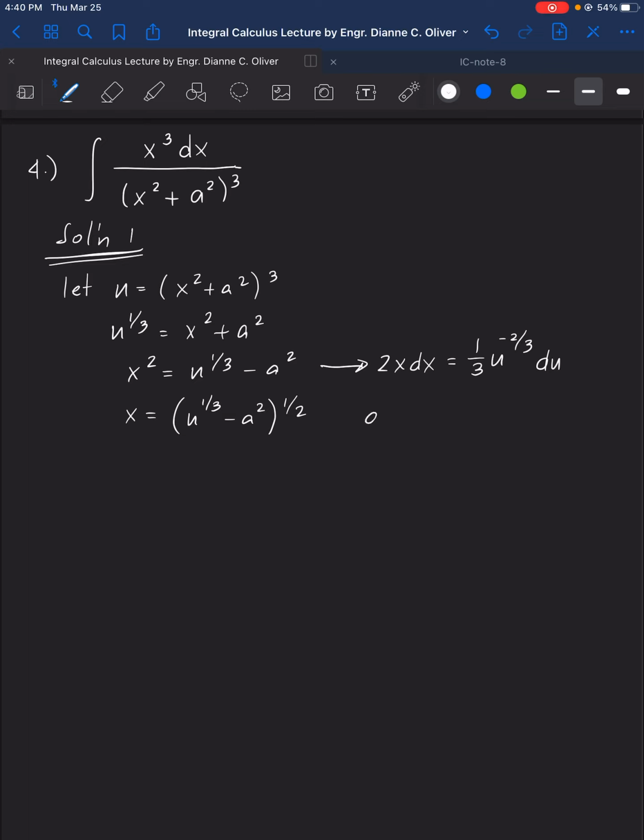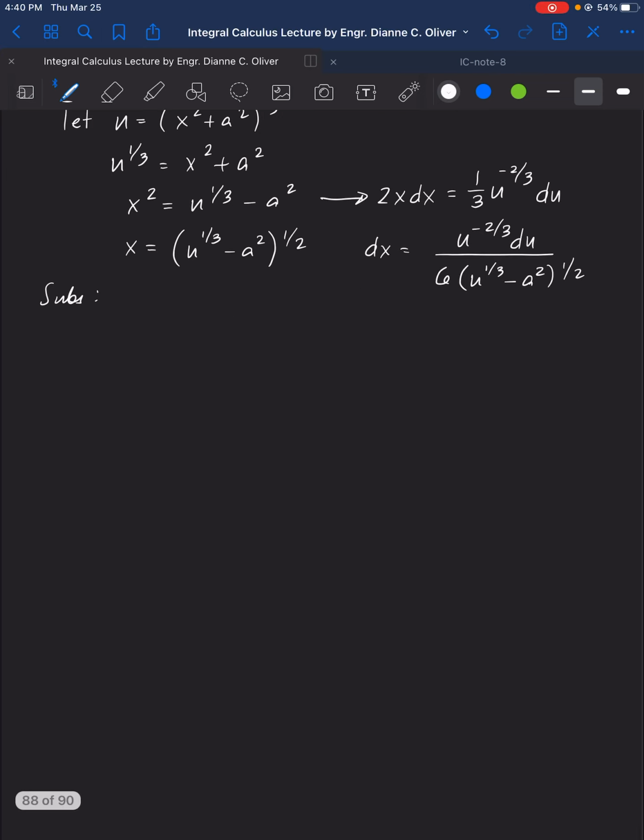So dx is equal to u raised to negative 2/3 du all over 2 times 3 is 6, so we have there 6x. And then x is u raised to 1/3 minus a squared raised to 1/2. So that's for dx. Let's substitute all values here to the original equation.